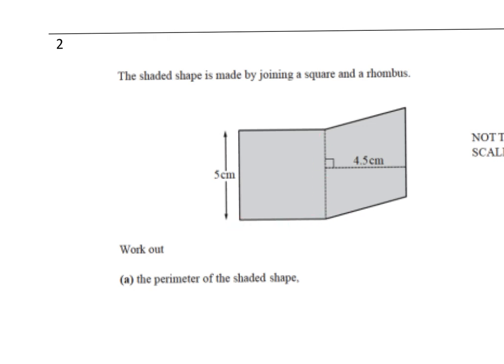So the perimeter of the shaded shape is 5 times 3 plus... the sides of the square are equal and the sides of the rhombus are also equal. So if this side is 5, this means this is 5, and this is 5, 5, 5, because the sides of the rhombus are equal. So it's 5 times 6. How many 5s do we have? We have 6 fives. So the perimeter is 5 multiplied by 6, equals 30 centimeter.